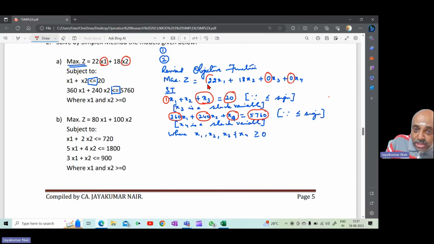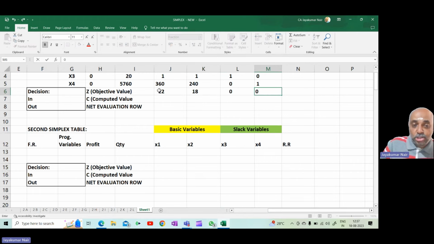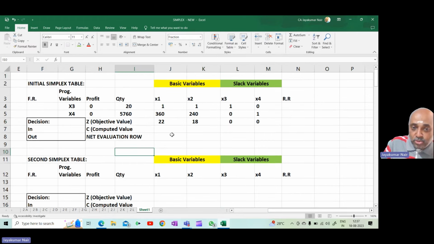What is the coefficient? x1 is 22, x2 is 18, x3 is 0, and x4 also 0. So we write here 22, 18, 0, and 0. So Z values are the coefficients from the objective function.